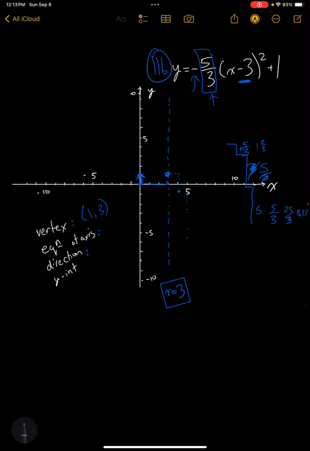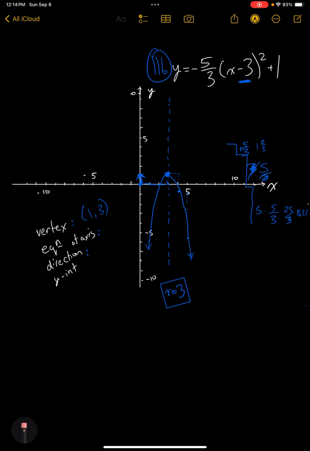And then we're going to go 8 2/3. It's going to be off our screen. But the point is, it's still stretched, and it goes in the same direction here. Essentially it looks like that. And that's the equation of our parabola.